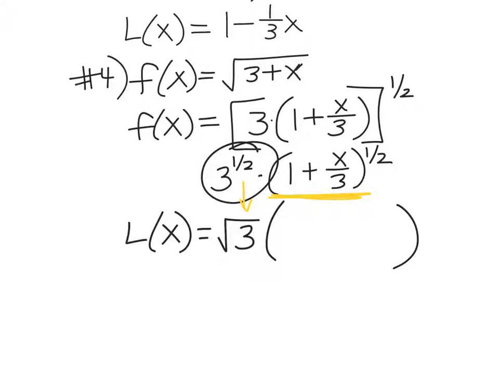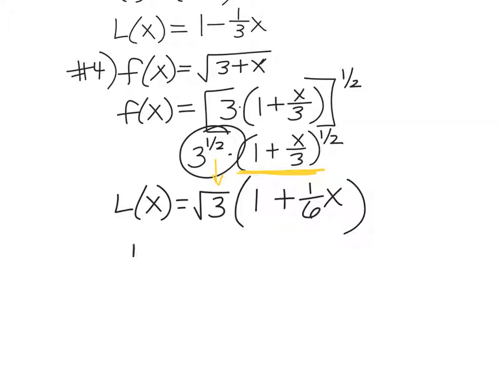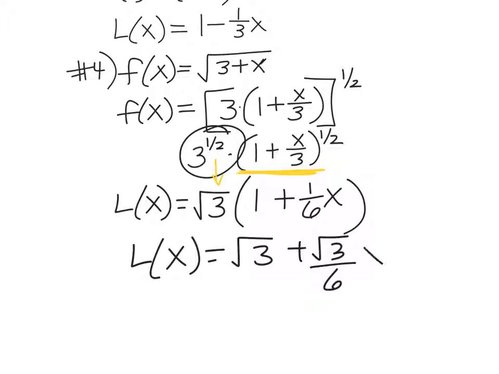All right, so then we bring the 1/2 down, and you get 1 plus 1/6 x, or x over 6, whatever you want to write it as, because 1/2 times 1/3 is 1/6. And then the book will distribute that rad 3 in there. If you left it out, I wouldn't mark it wrong. So this would be rad 3 plus rad 3 over 6 x. That would be your answer.